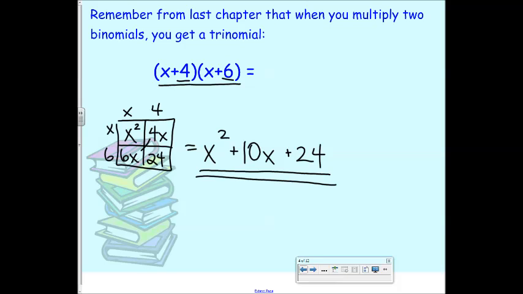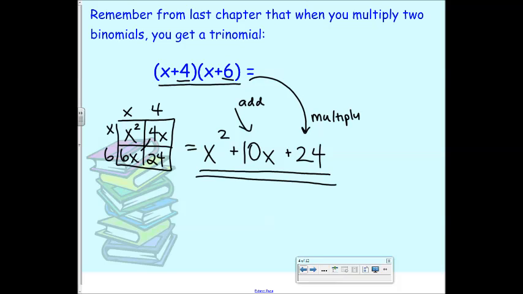Okay, so what do these two things do? They add up to 10, right? So they add up to this one. Good. And so they add to that and they multiply to give you this.